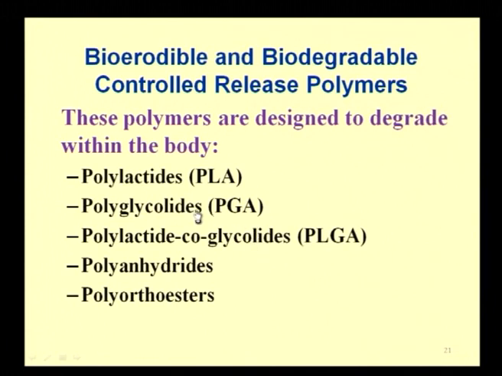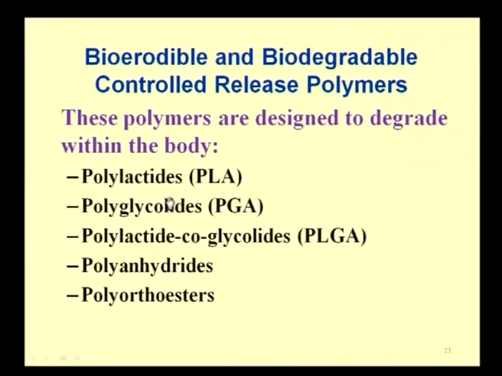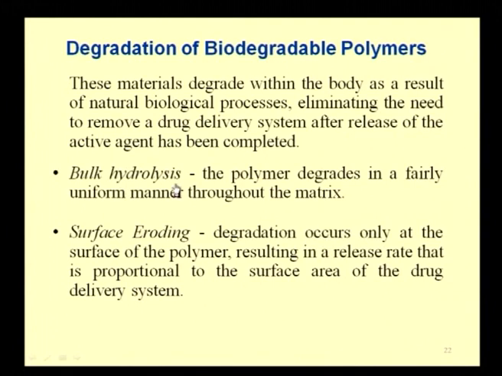So, these are the different polymers where you have either ester or acid groups where you can have a direct attack or hydrolysis taking place in such functional groups, which makes the polymer break down in size and release the drug. And the first three polymers undergo bulk erosion, whereas these two undergo surface erosion.